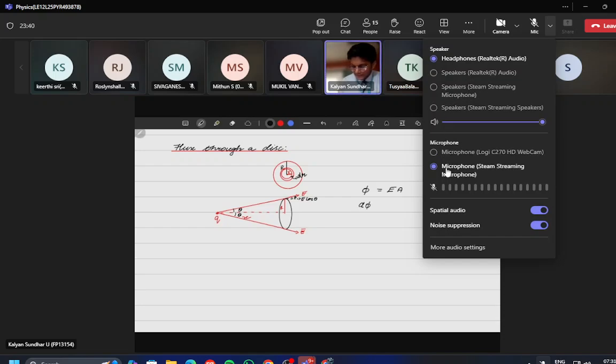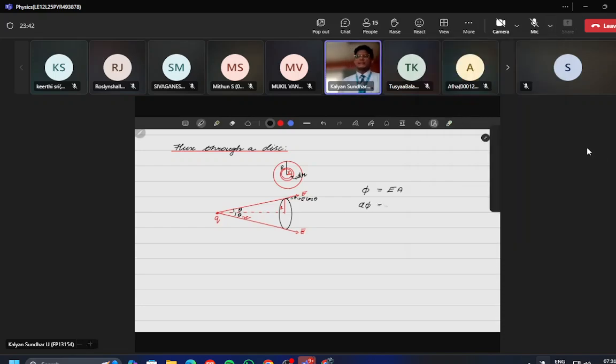Del phi will be equal to, this is a small change in the electric field into, this will be the area, so dA and this will be the cos theta. இந்த சர்க்கிள்க்கு மட்டும் எடுத்துக்கிட்டீங்கன்னா, I mean for this part, this will be having an area as dA. கரெக்டா?